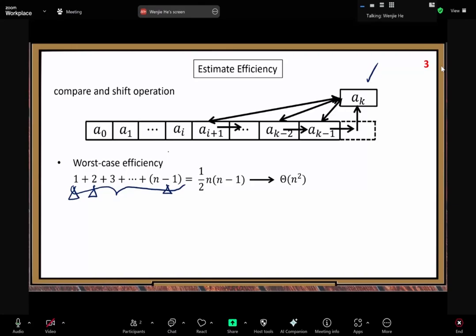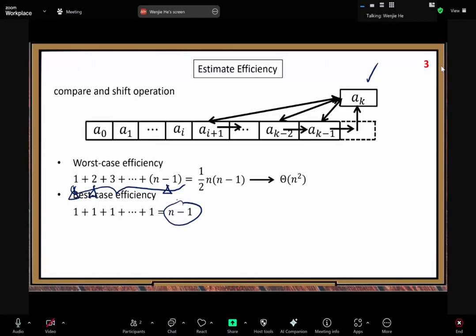Next, we want to consider the best case. For the best case, every insertion step, we only need to do one comparison. From beginning to end, each insertion step is one comparison. Because we need to do n minus 1 insertions, the total number of comparisons is n minus 1.